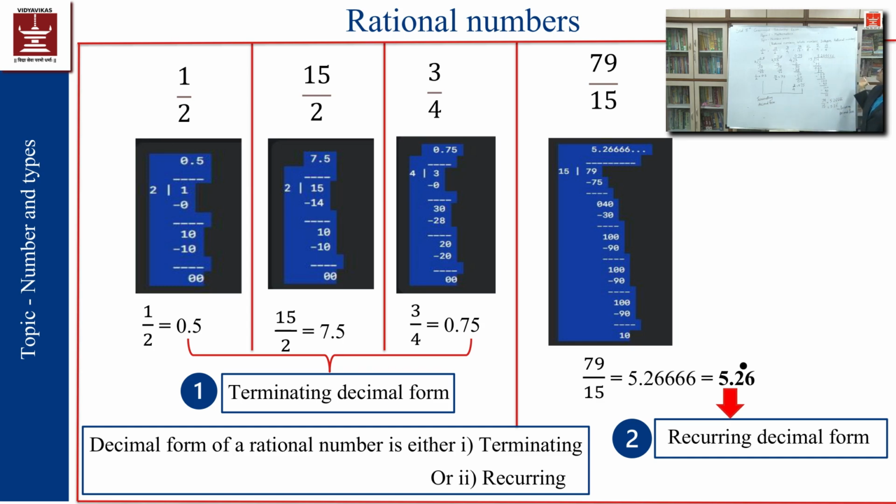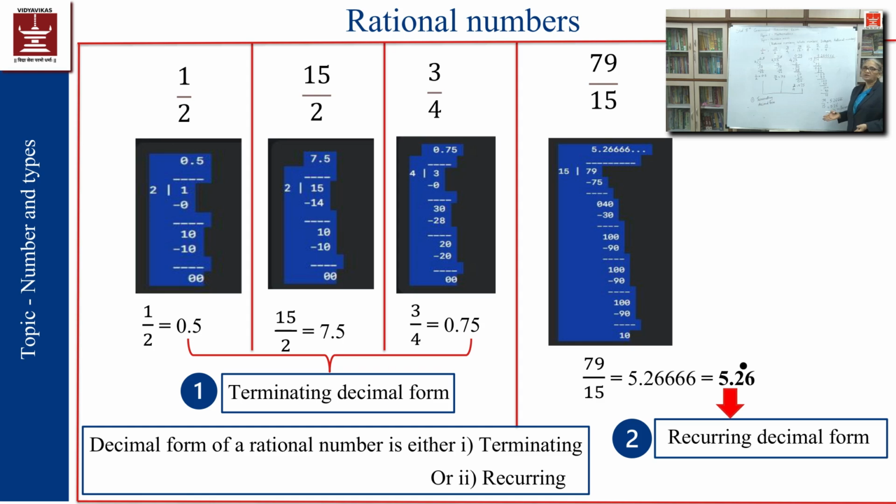But before that, we have come to know that the decimal form of the rational number can be terminating, that means the remainder is 0, or recurring, where the division does not come to an end, the remainder reappears over and over again, and therefore the quotient also reoccurs. In this example, only one digit is recurring.